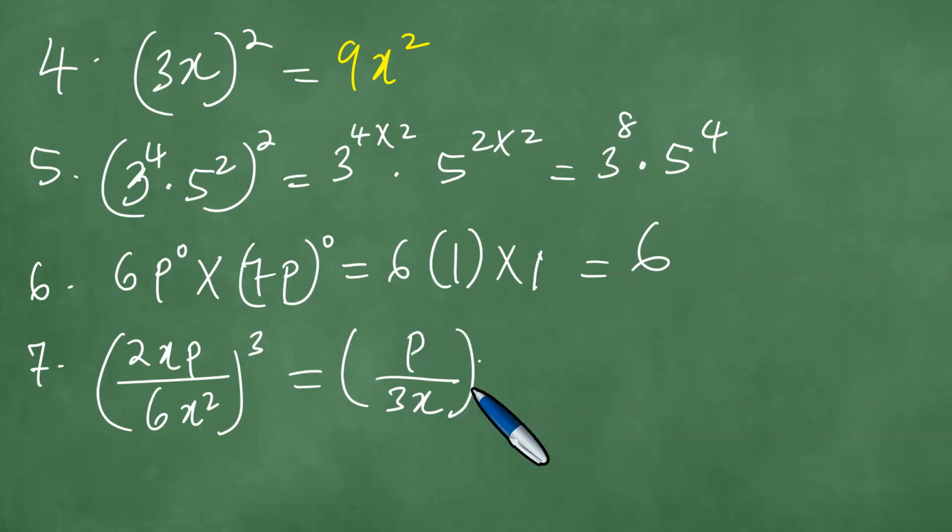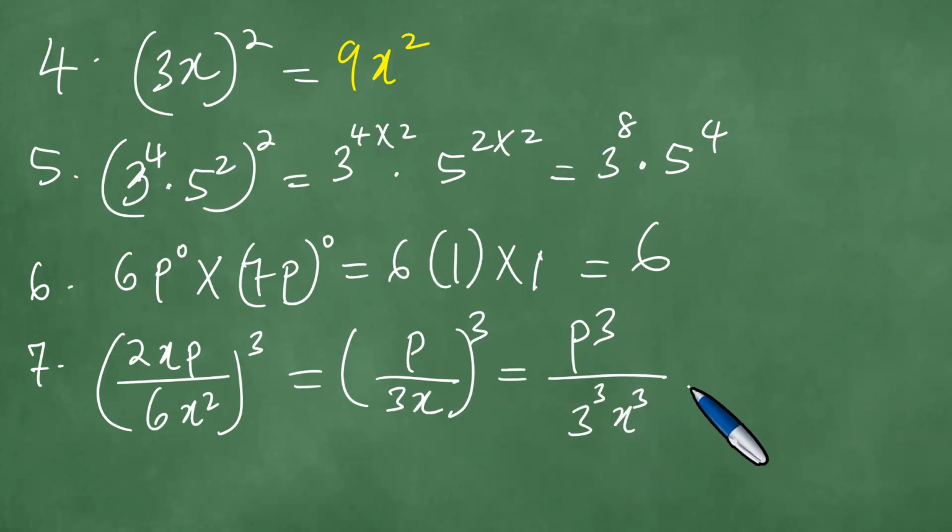And then there's a p, and then you cube it. You cube the 3, you cube the x, so this is p cubed over. What is 3 cubed, Leander? 27. Awesome stuff.